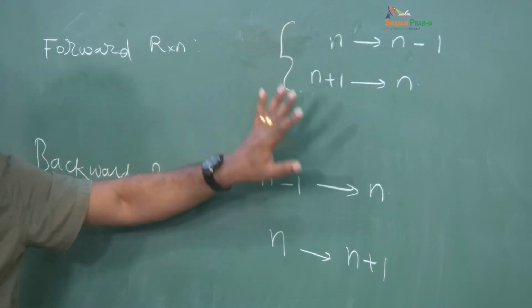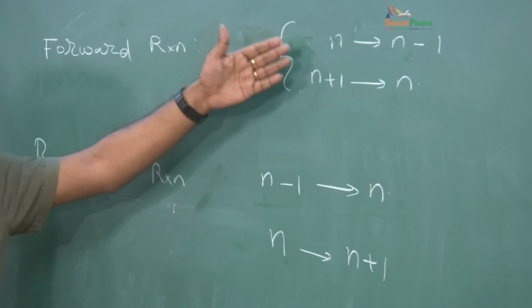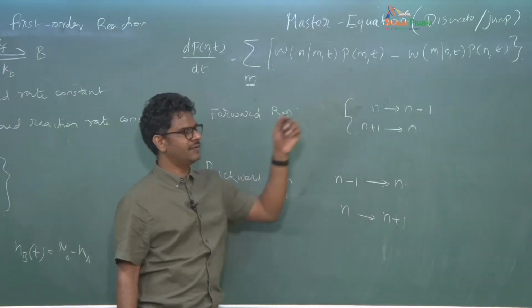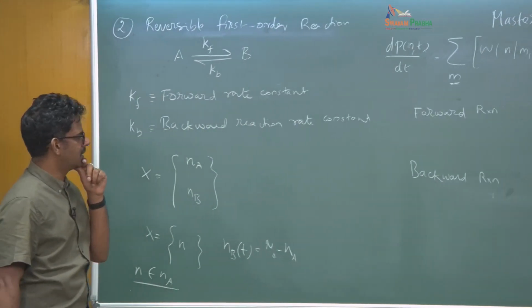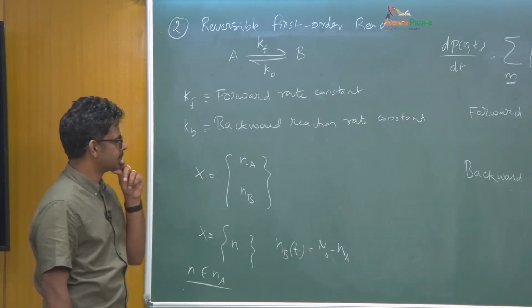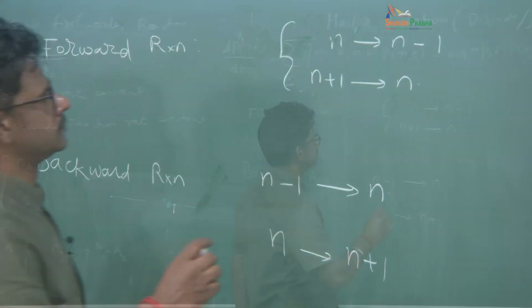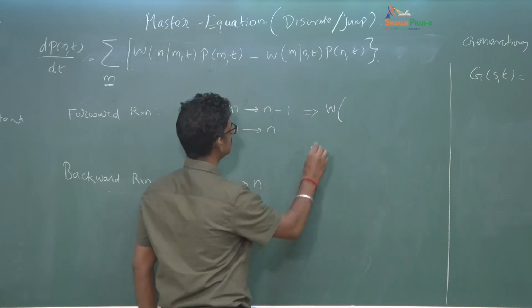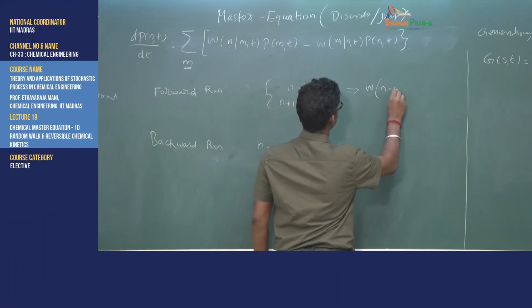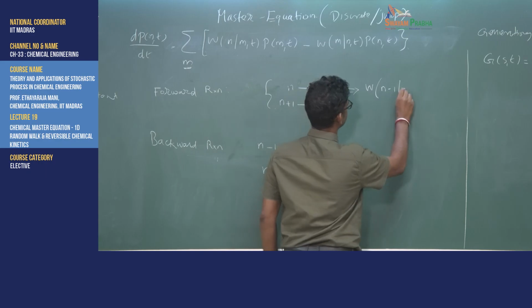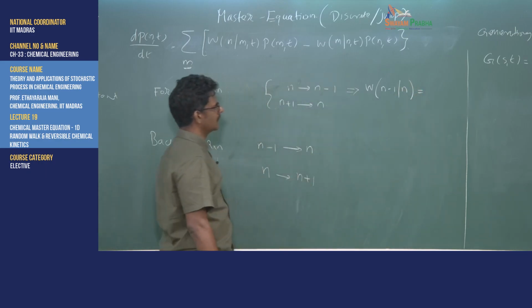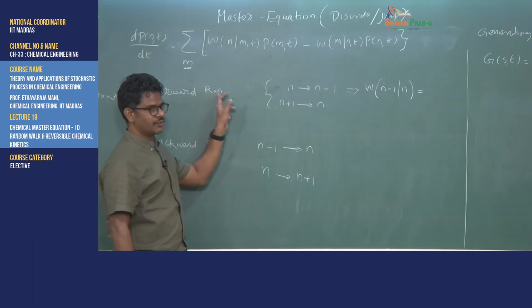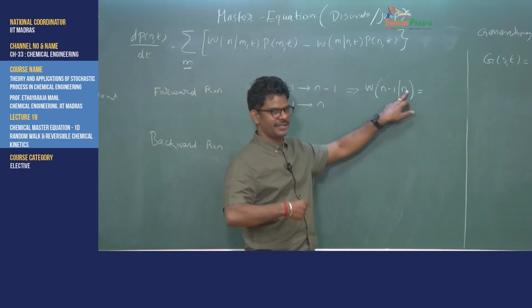So now we first identify these processes. Now we can use m is equal to n minus 1, n, and similarly for this, and then we will write the corresponding rates. So W n minus 1 given n, what would this be? Forward reaction given n, it becomes n minus 1.